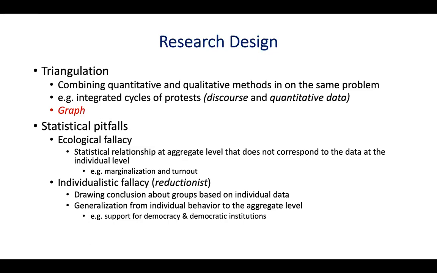For example, if you have survey data or a public opinion survey that asks individuals about their support for democracy, and then you draw a conclusion, like 70% responded that they do support democracy, and then you try to draw conclusions for how democratic institutions for the society at large function.